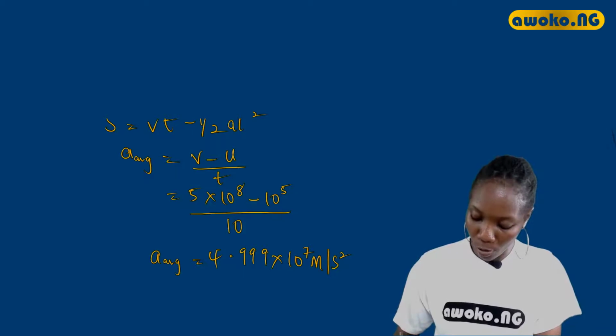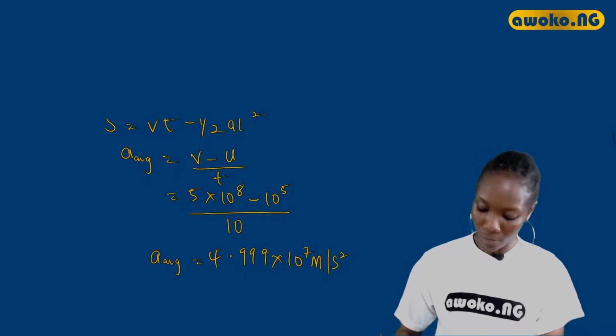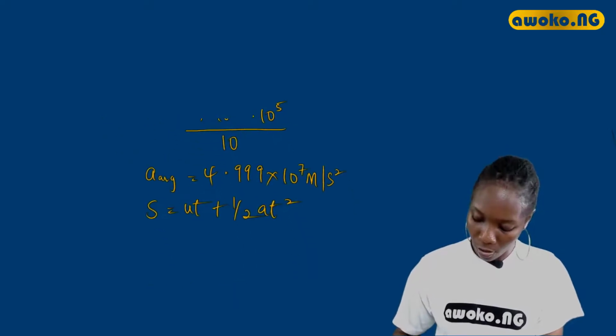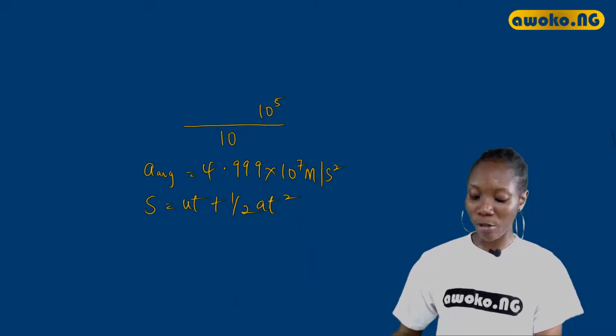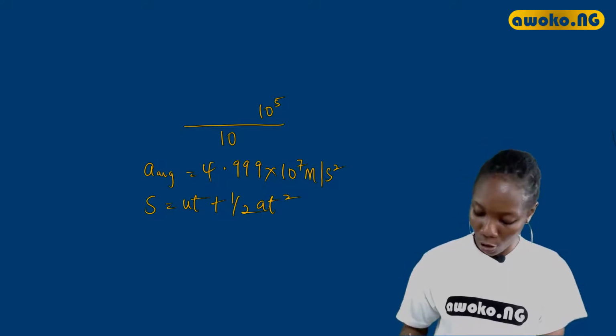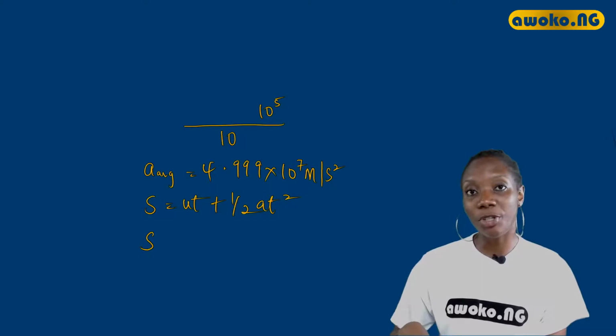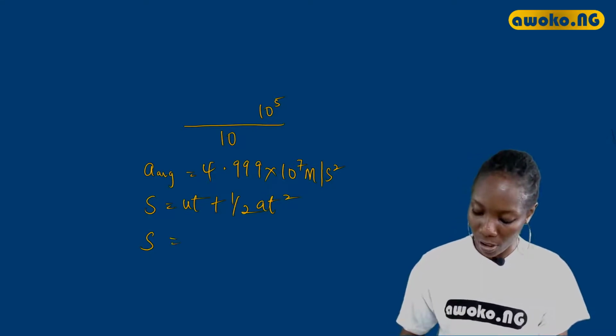So if you substitute acceleration, let me put this formula down again. S equal ut plus 1 over 2 at squared. So if you put the value of average acceleration into this formula, do not forget we're looking for how long the accelerating region is, which is the distance.